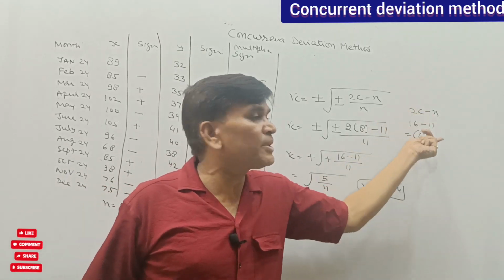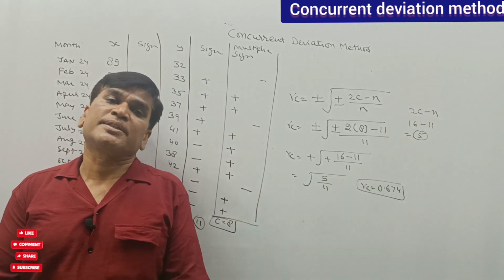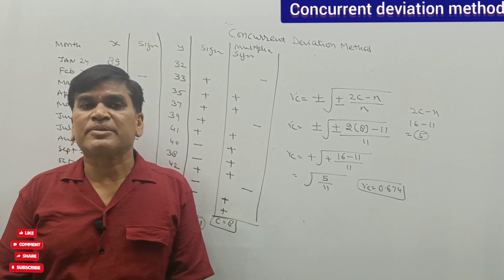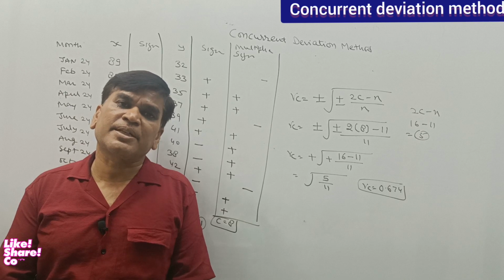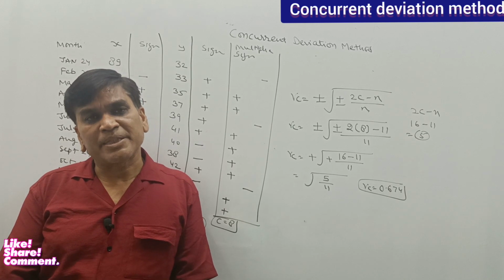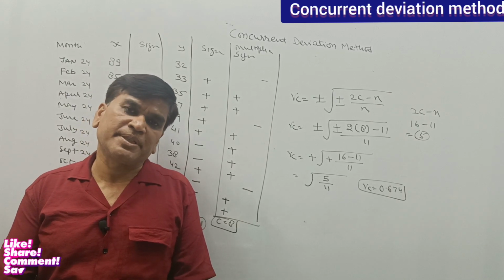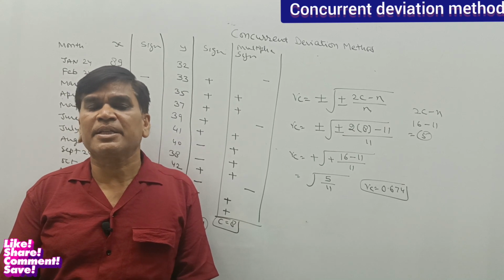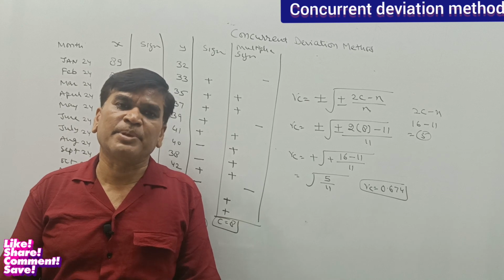If it is positive, we use the positive sign and the correlation will be positive. So with the help of this method also, we can calculate the correlation value. Although this method is not so important and I have never seen it in the examination, it is also a part of this chapter. That's why I have discussed this method with you.